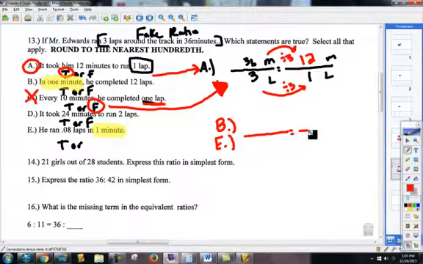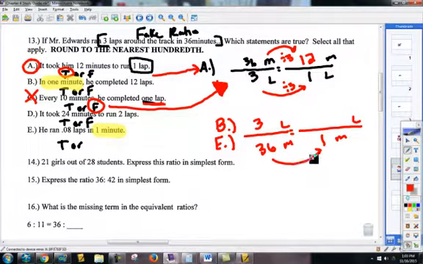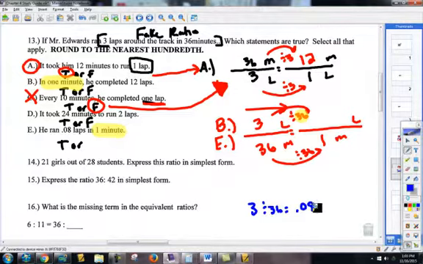But what I'm going to do is a ratio here, and I'm going to say, okay, 1 minute's going to go here. So that means minutes here. That means laps here, and that's going to be 3 laps in 36 minutes. So I know that I'm dividing by 36, and then I'm dividing by 36 here, which means, remember, that has to be your divisor, second number. So you must do it in that order from left to right. Okay? When I do 3 divided by 36, it's going to give me 0.083 repeating.